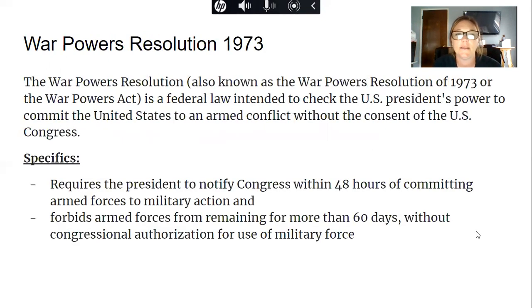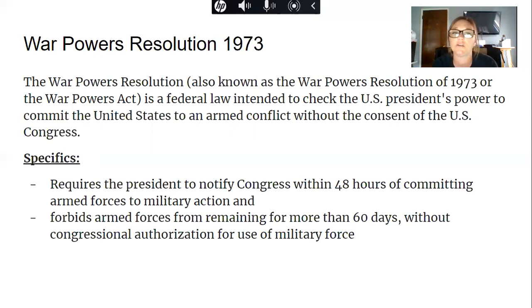The next one is the War Powers Resolution, and we've definitely talked about this in class. It was passed in 1973, again under Richard Nixon, although this is one example of something that was vetoed by a president and overridden by Congress. This was in the heart of the Vietnam War, when the United States' involvement had come to light, and really how the United States wasn't being super truthful about what was going on militarily in Vietnam, and some military practices were considered a little unsavory.